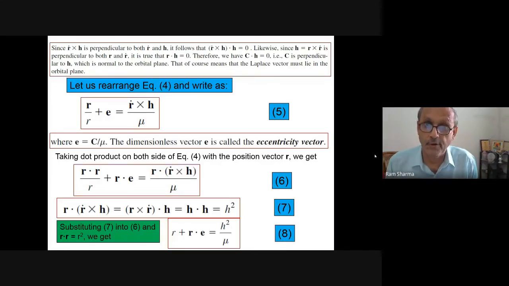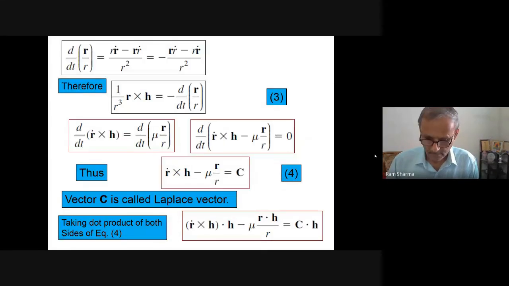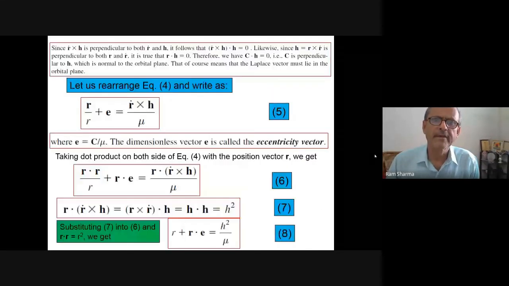Now take the dot product on both sides of 5 with the position vector R. Then R dot R by R plus R dot E, and then this is there.